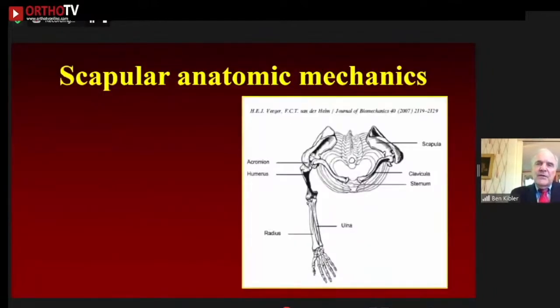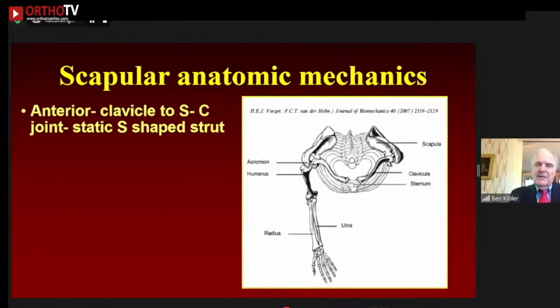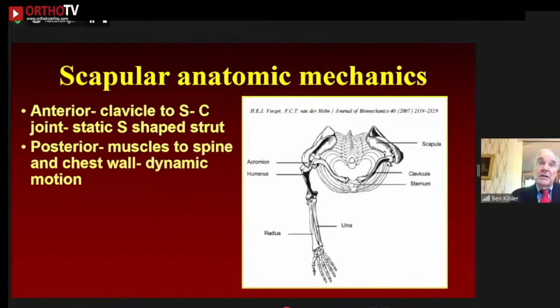As a basis for this, we'd like to go over a little bit about the scapular anatomic mechanics. This has several parts. The first part is, we know anteriorly, the clavicle is a curved strut to stabilize the scapula to the bony structures. Posteriorly, the muscles provide dynamic stability and movement of the scapula.